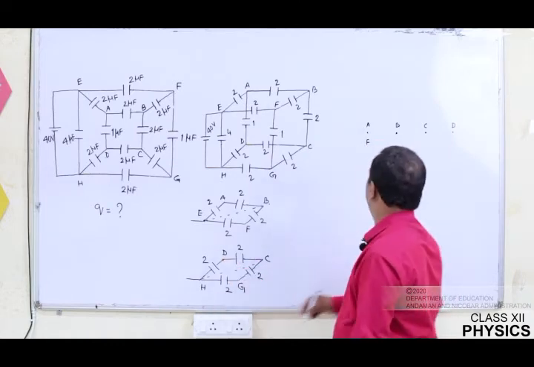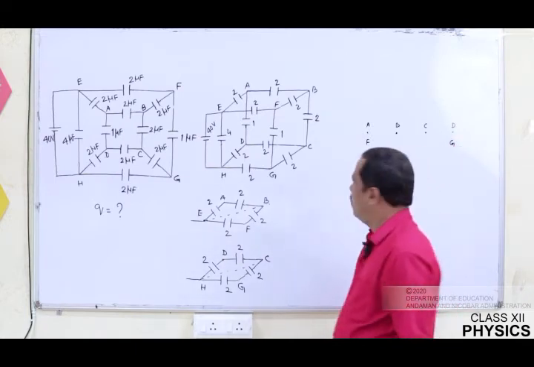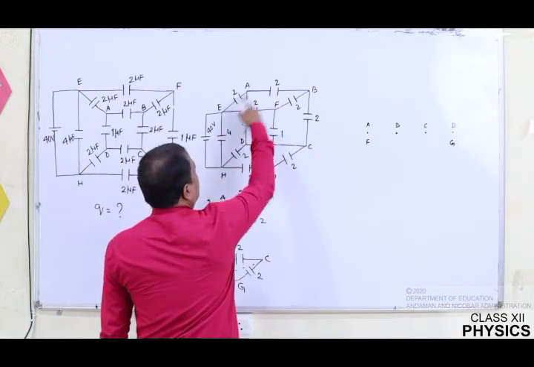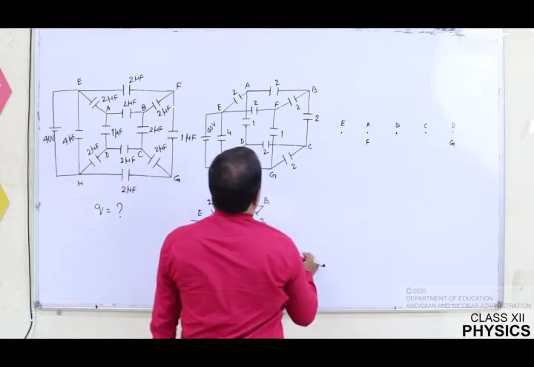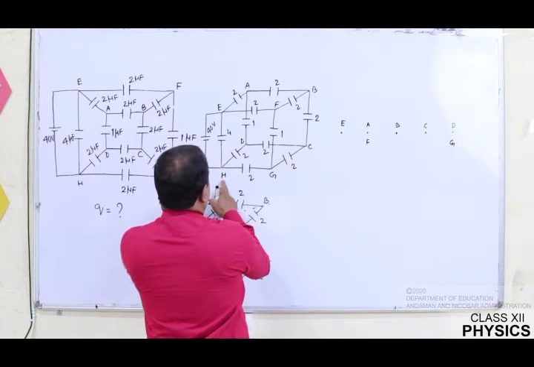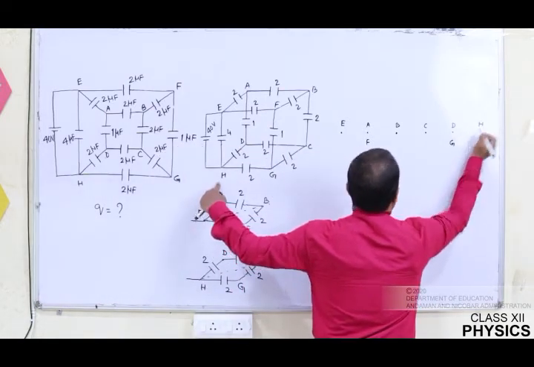Similarly, D and G are at the same potential. Now, E and A are connected, so let me place my E here, and G and H are connected, so I am going to place H here. So this is H for me.